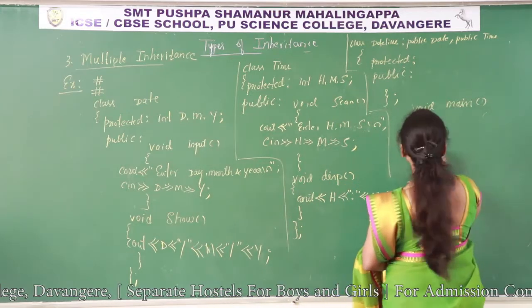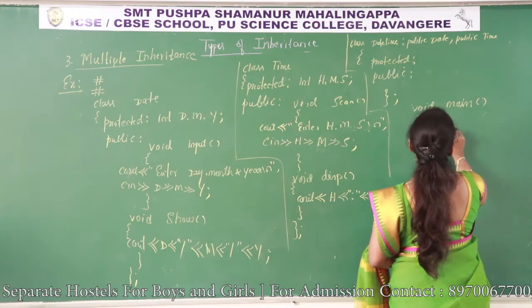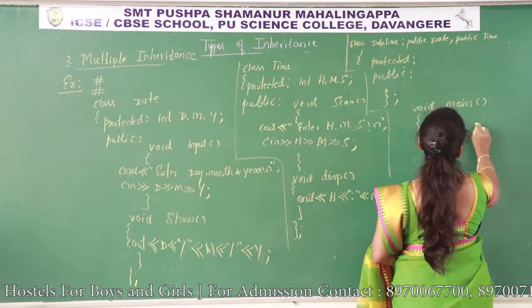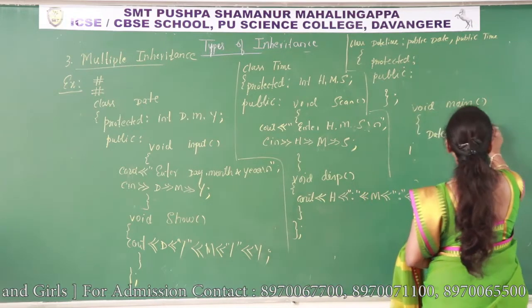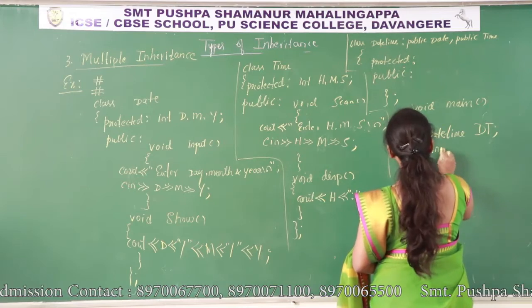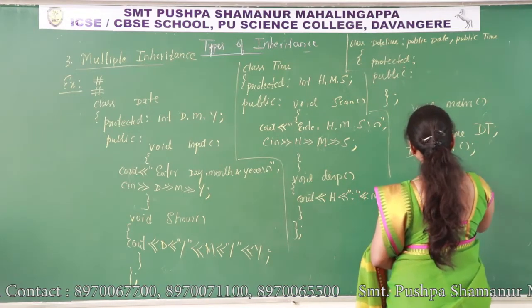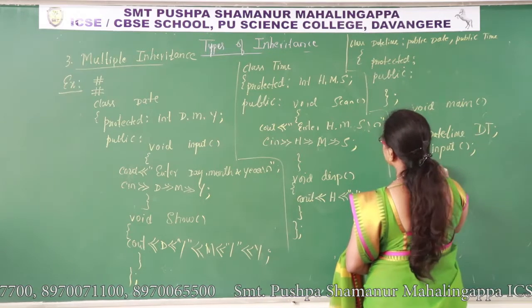First I want to call the input function. Date time d, I'll take dt dot input, dt dot scan.